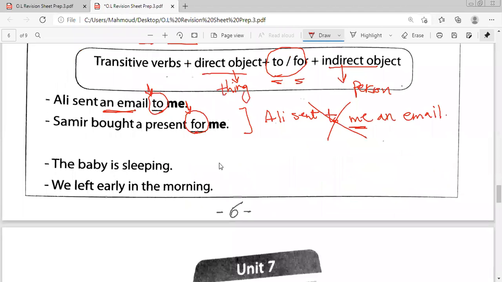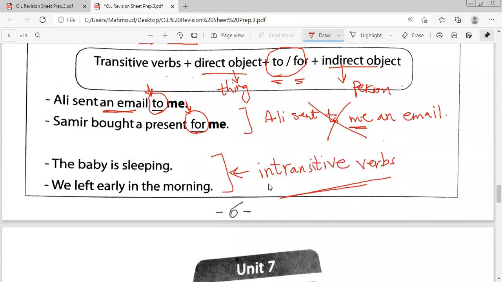There is another type of the verbs which is called intransitive verbs. And this is just a piece of information for you. These verbs don't need an object after them. Like the baby is sleeping. We don't need here an object.